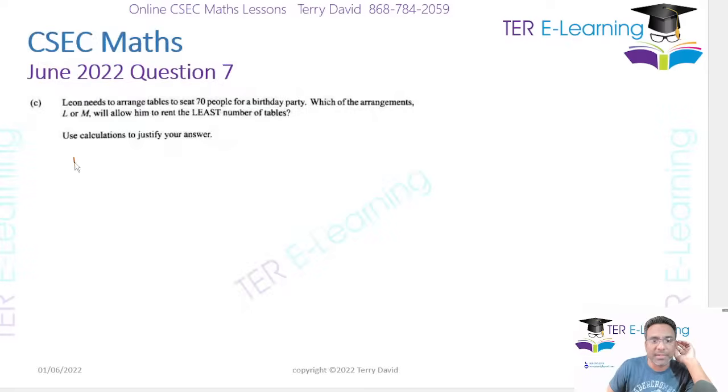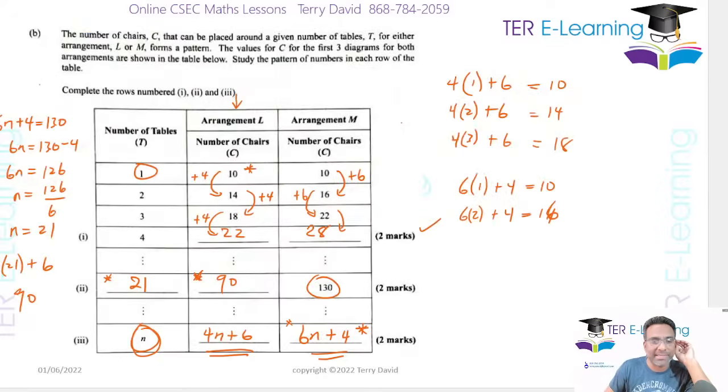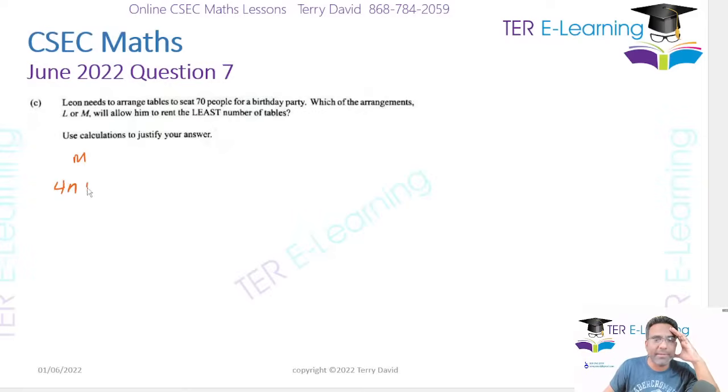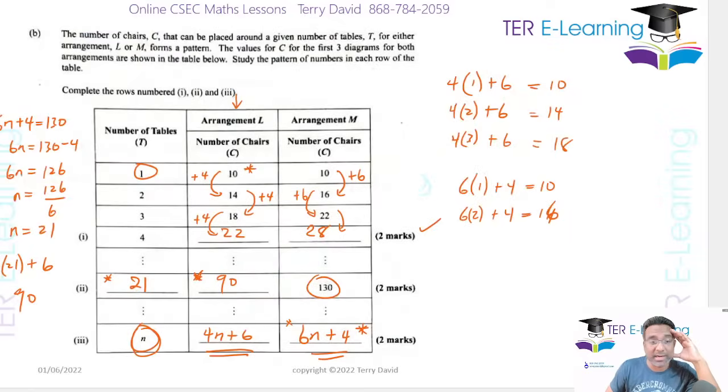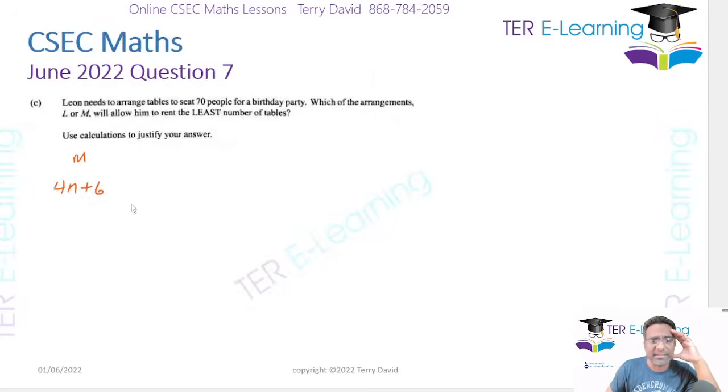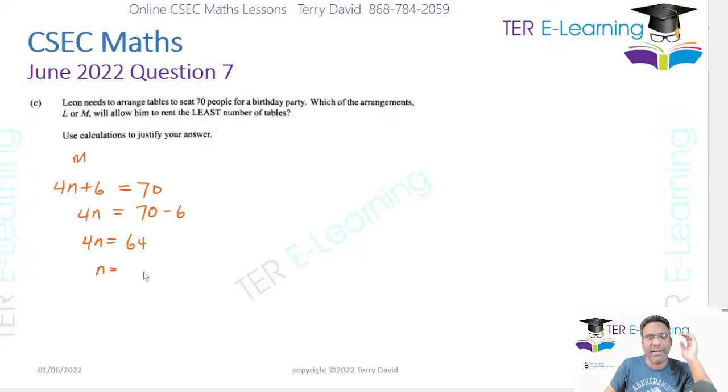So let's see. For M, the formula is 4n plus 6. And we need to be able to fit 70 people. So 4n is equal to 70 minus 6. So therefore 4n is equal to 64, and therefore n is 64 over 4.